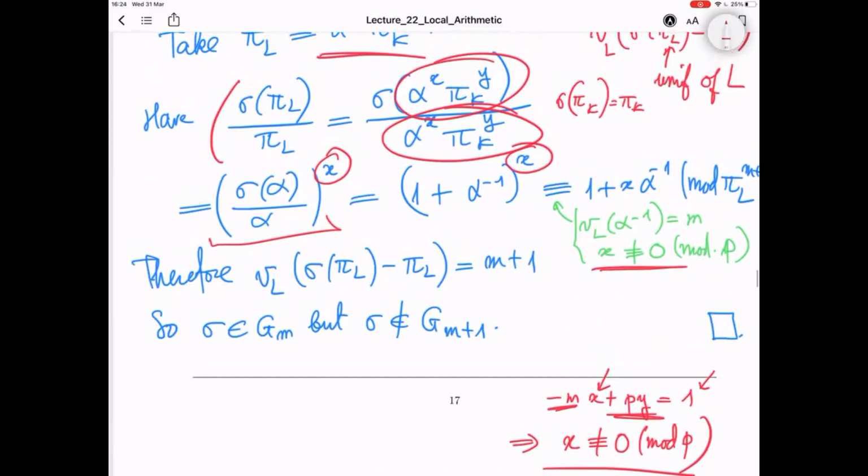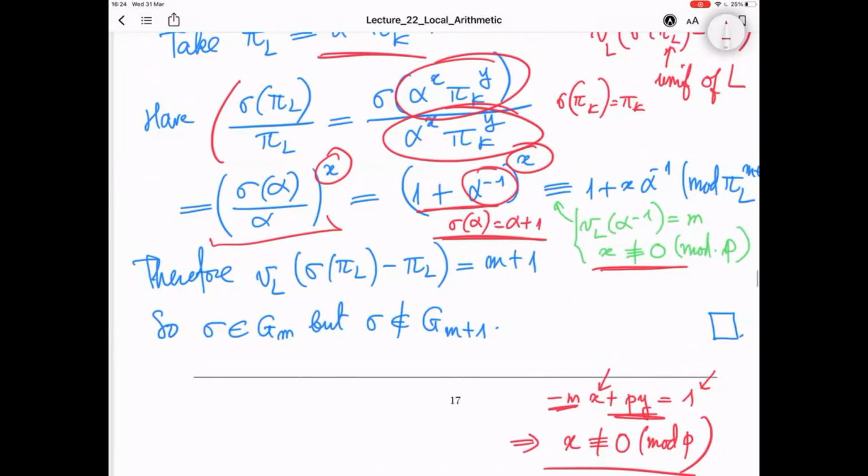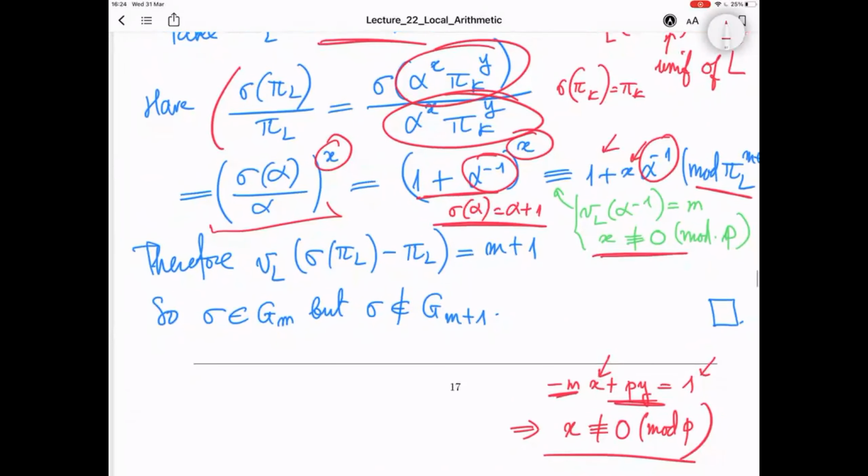This x is prime to p, so I have sort of a binomial theorem which will tell me that 1 plus alpha inverse, which is sigma alpha over alpha because sigma alpha is alpha plus 1, to the power x is going to be 1 plus x times alpha inverse, modulo the (m plus 1)-th power of the uniformizer, because the valuation of alpha inverse is m.